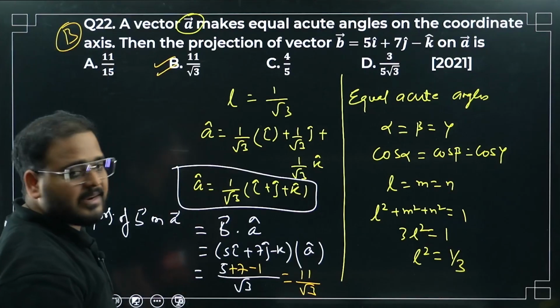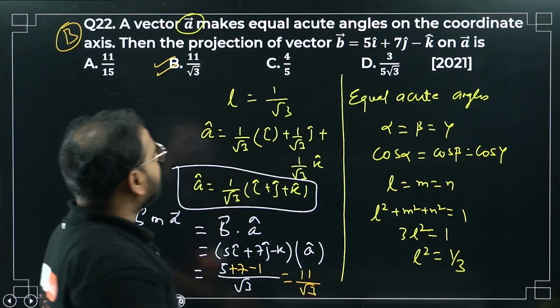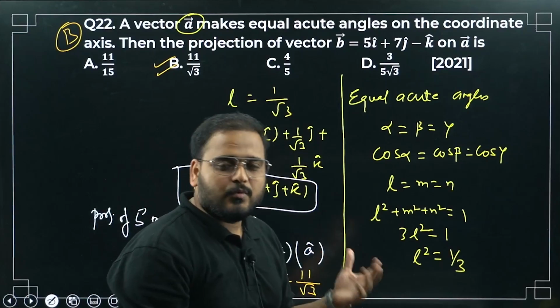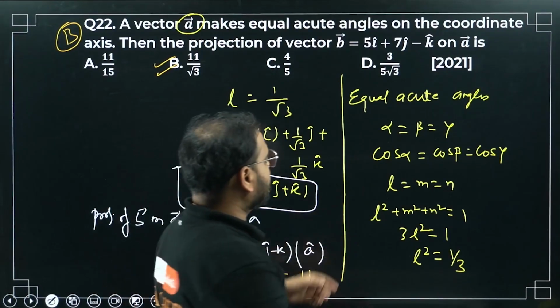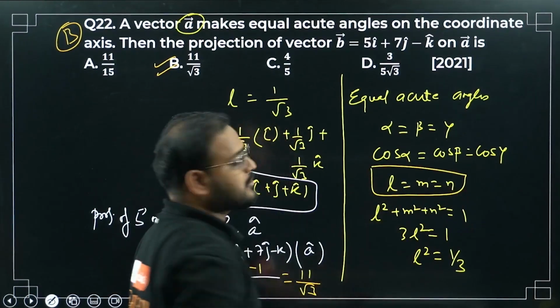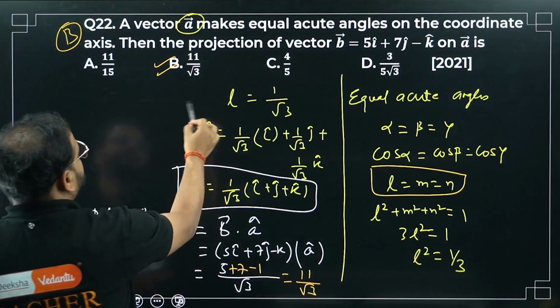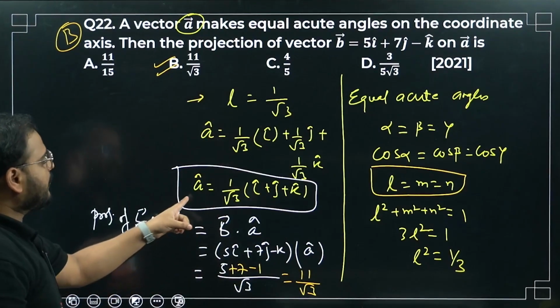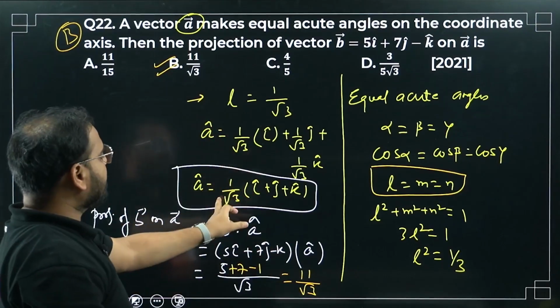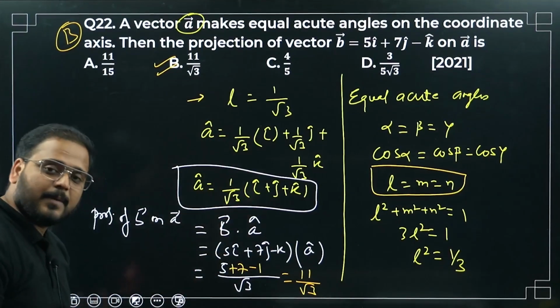I hope all of you got this right. Equal acute angle means what? Equal direction cosines, right? So from here we got equal direction cosines. So L, M, N are equal means L equals 1 by root 3. So the unit vector along A will be given by 1 by root 3 times I cap plus j cap plus k cap.